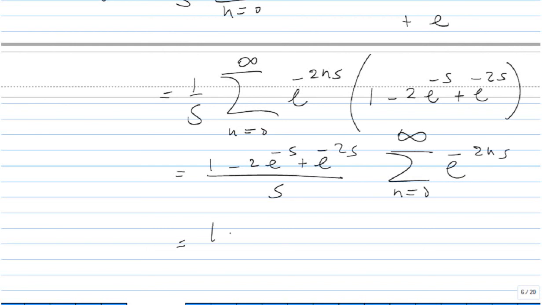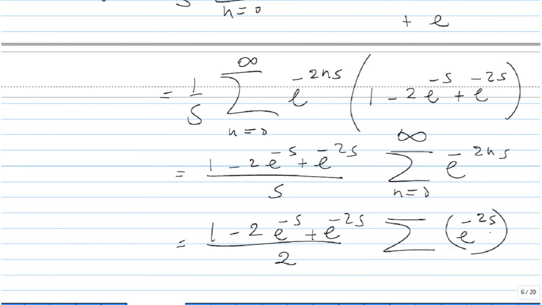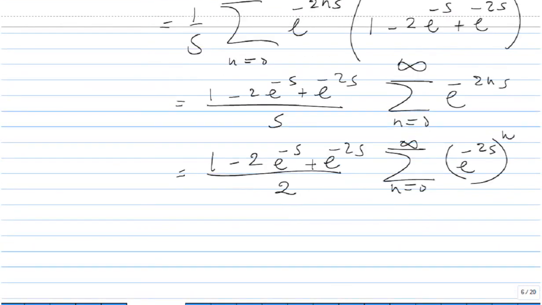And here we recognize a geometric series, e minus 2s to the power n. And of course, we assume that s is positive, so the series is convergent. And that's how we could switch a lot of things. Mathematically speaking, we could have done it as long as s is positive, not equal to 0.